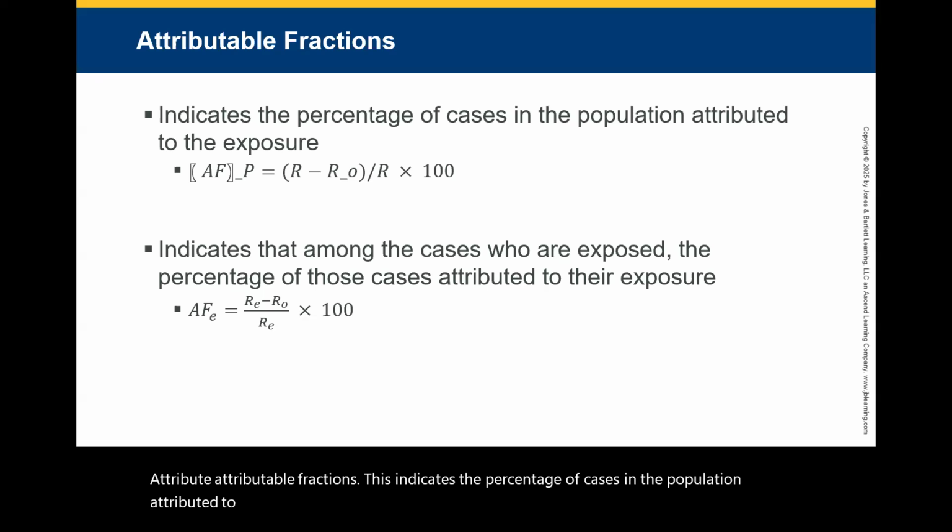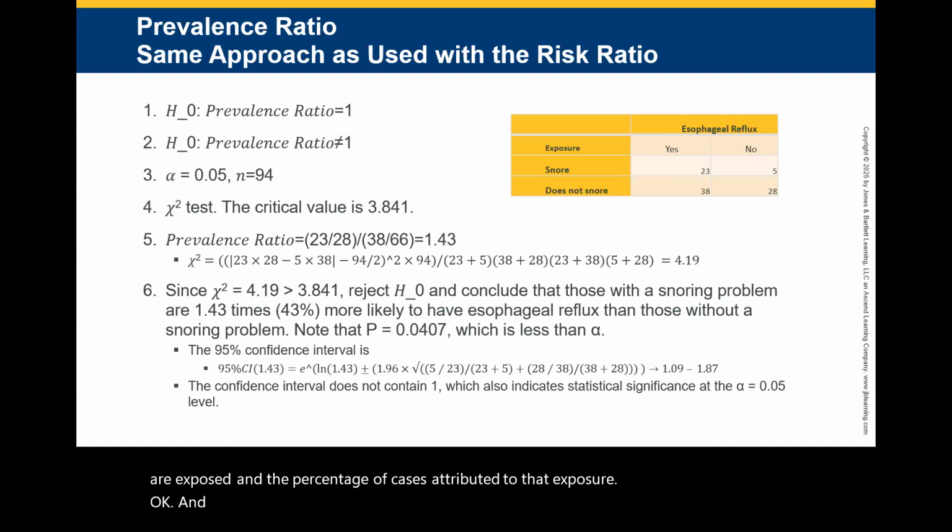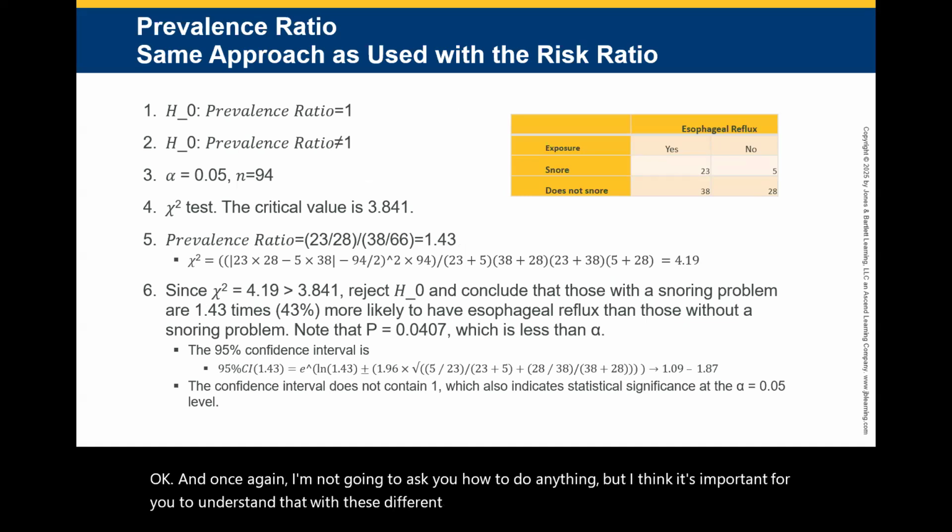So it's going to tell us the number of cases that are exposed and the percentage of cases attributed to that exposure. Once again, I'm not going to ask you how to do any of these, but it's important for you to understand that with these different study designs, we have different measurements of association.